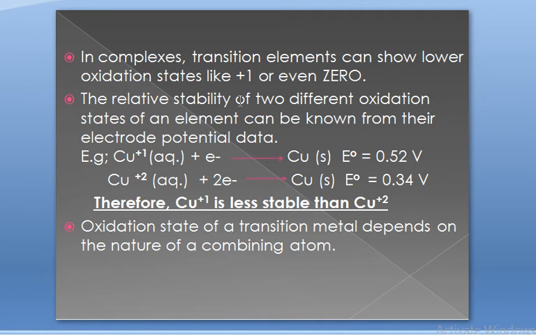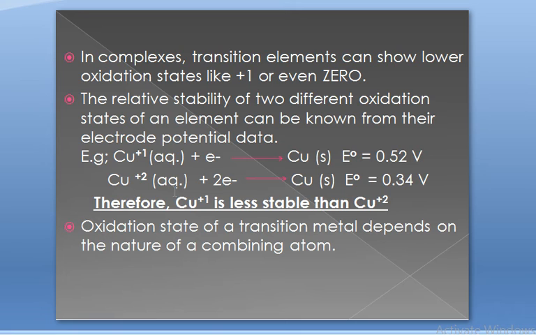Next point, the relative stability of two different oxidation states. Now your copper exists in +1 oxidation state and +2. If you have to give their relative stability, which of the two is more stable? Is +1 more stable or +2? You can do that on the basis of electrode potential also. Like we have shown the reduction of both of them. Copper plus, when it accepts an electron, electrode potential is 0.52 volts.